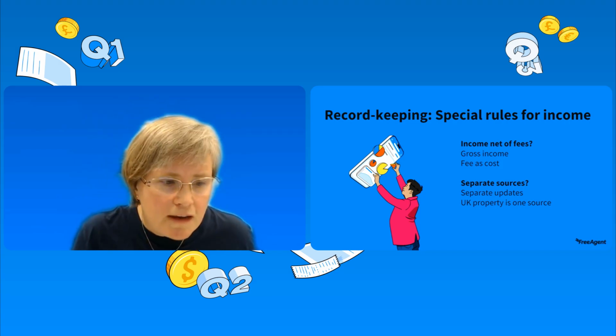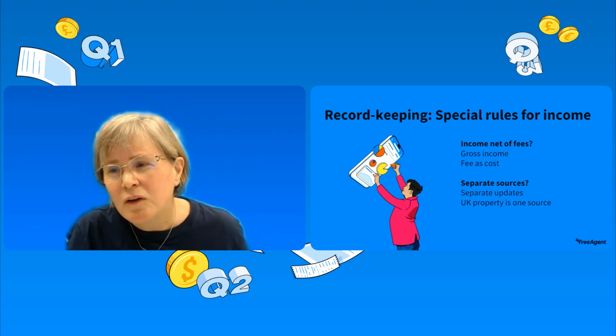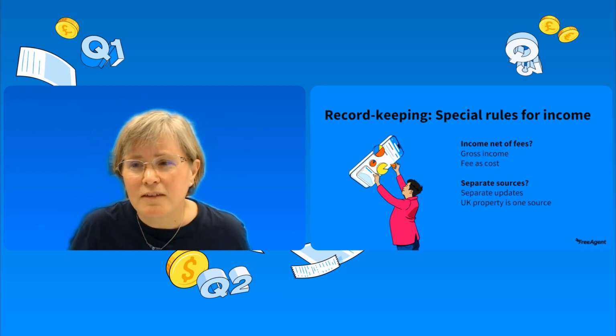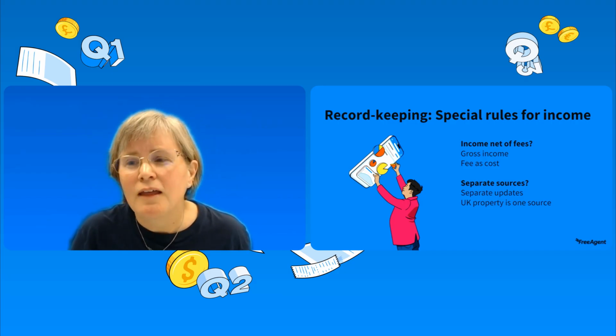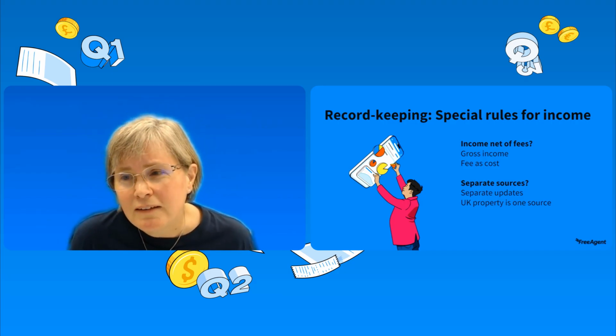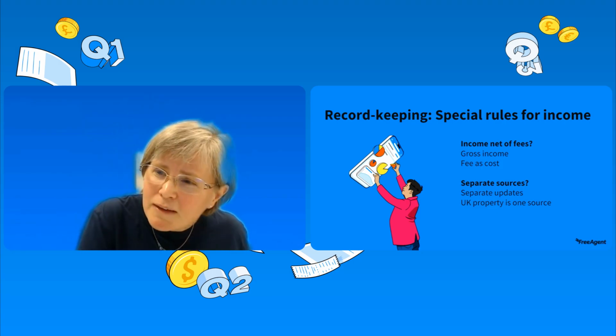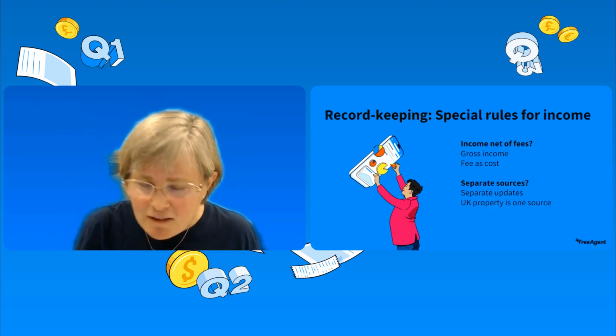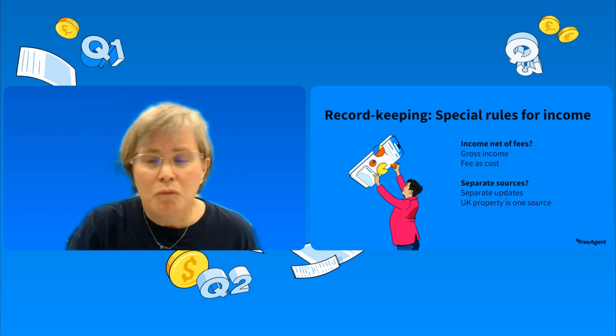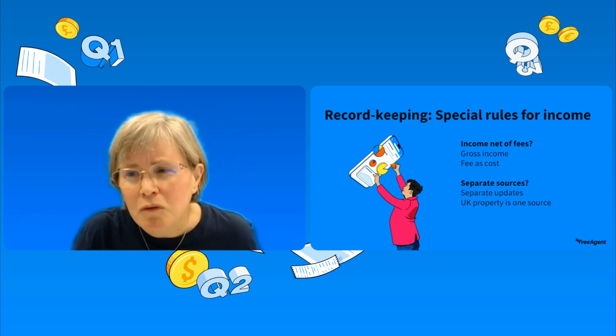What you do need to do, though, is if you are also a sole trader, for instance, if you are a landlord renting out a property and you also have a dog grooming business, you're going to need a separate FreeAgent account to keep track of your dog grooming business, and you're actually going to have 8 quarterly updates to do in a year, 4 for your property, 4 for your dog grooming.